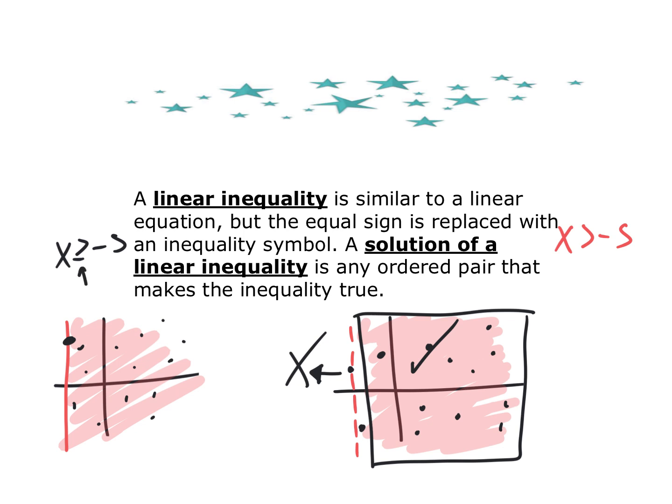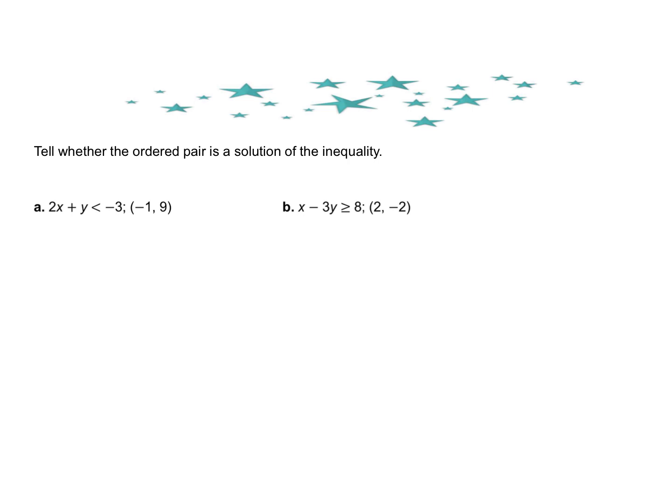So all of these from the line onwards are solutions. The moment the dot is on the left side of -5, then that's no longer a solution. So here, let's tell whether the ordered pair is a solution of the inequality.